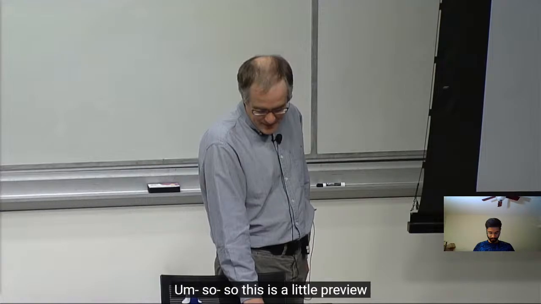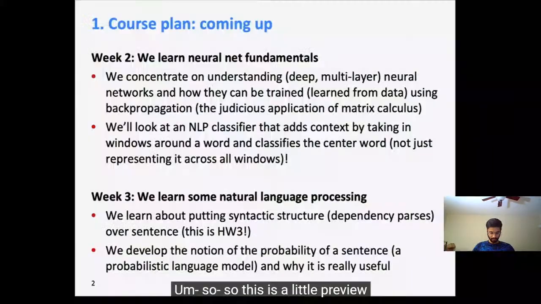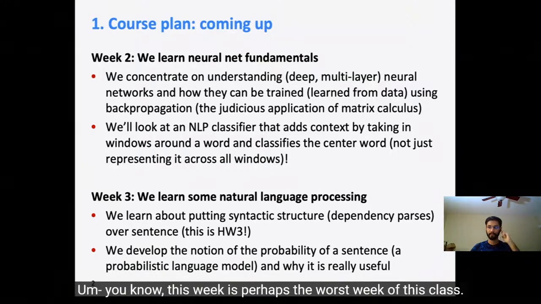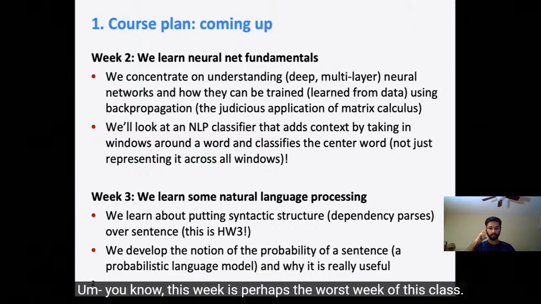Welcome back for week 2 of CS224N. This is a little preview of what's coming up in the class for this week and next week. This week is perhaps the worst week of this class.